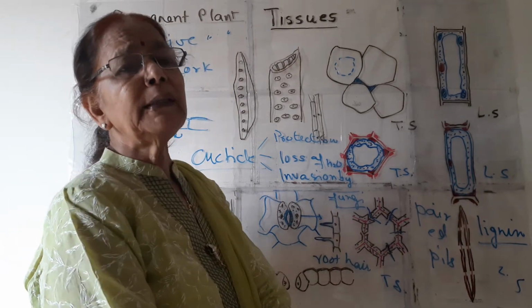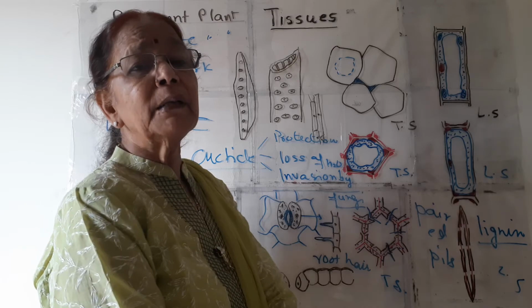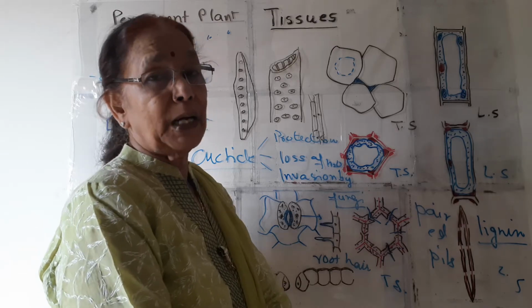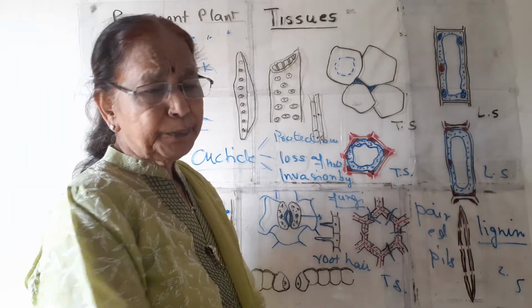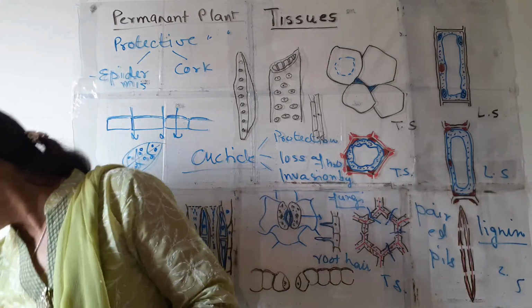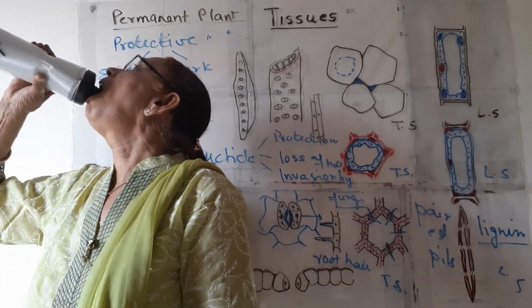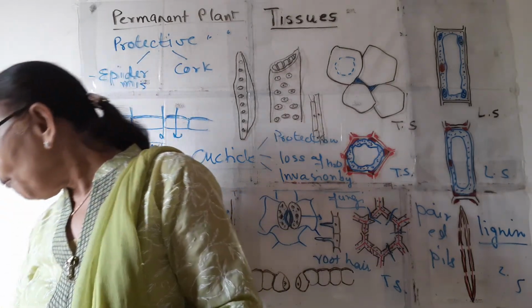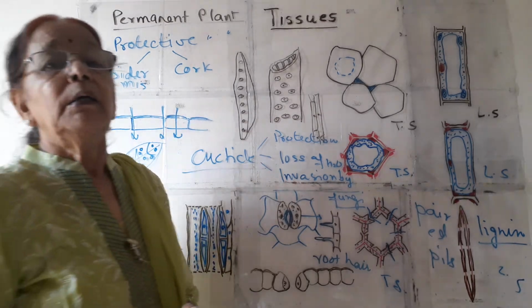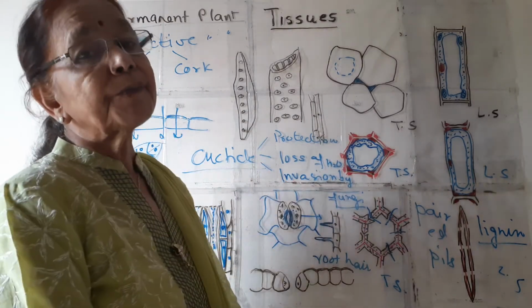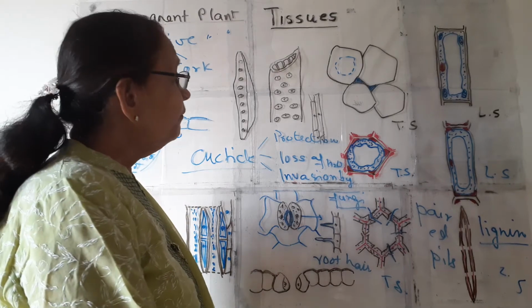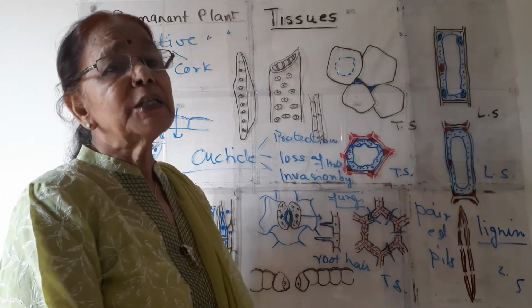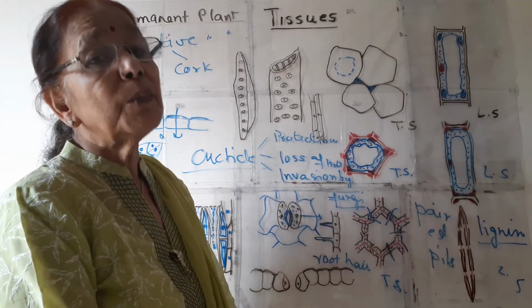One more important thing about the epidermis of desert plants. All of you know, in deserts there is scarcity of water. And from plants, transpiration is a continuous process.